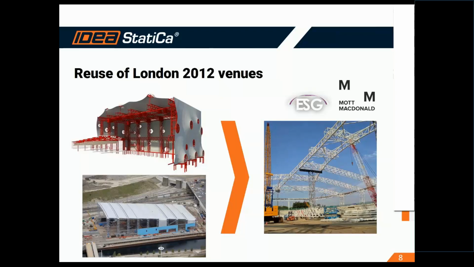Reuse of materials in the steel industry has become a major topic lately, and this project is a very good example of this trend. So two venues: one was the water polo venue for the Olympics, and the other one was the shooting venue. Parts of these two projects were actually used for this velodrome in Jakarta.